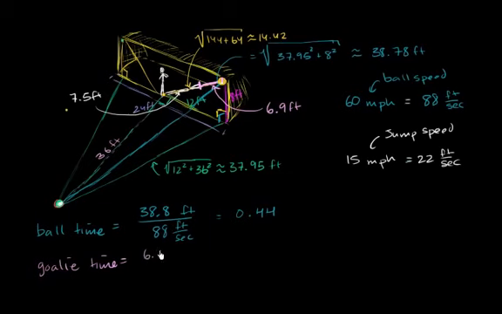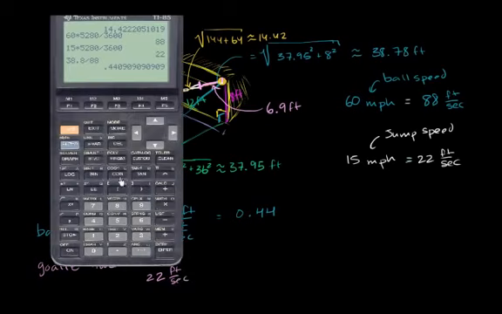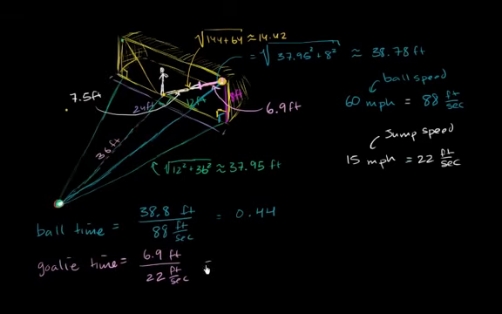So it's going to be, and obviously I'm making a lot of rough assumptions here, 6.9 feet divided by 22 feet per second. 6.9 divided by 22 is equal to 0.31. I'll just round there.